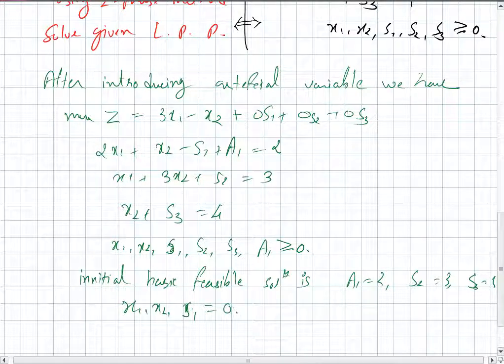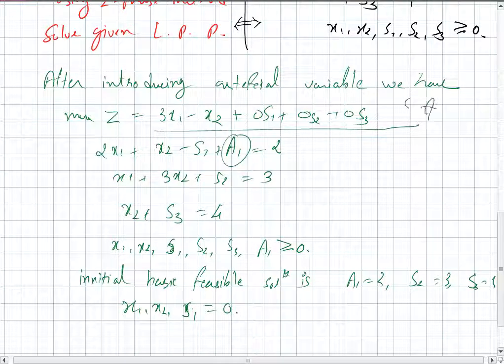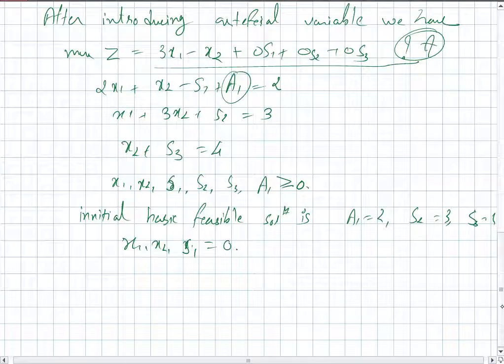Okay. So now in phase 1, since an artificial variable is there, we have to say something about the artificial variable. What is its coefficient? That is not given here, so we write it as phase 1.